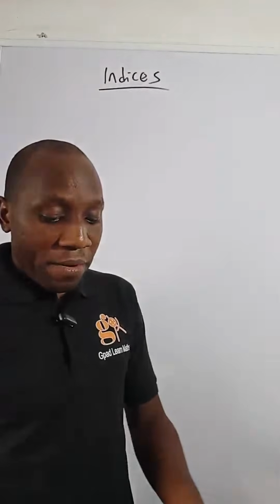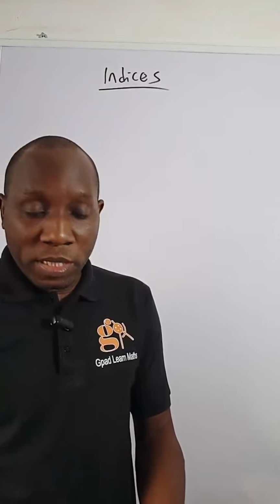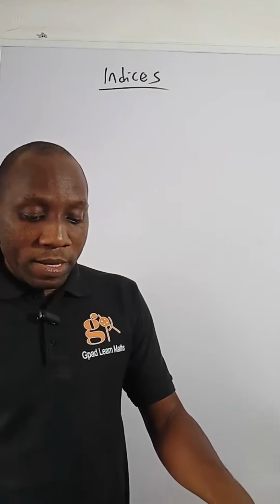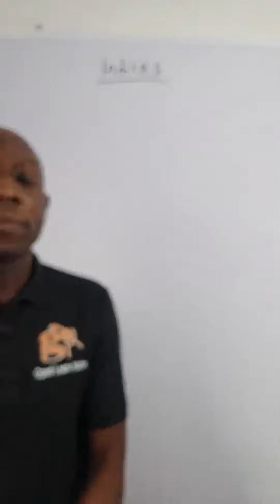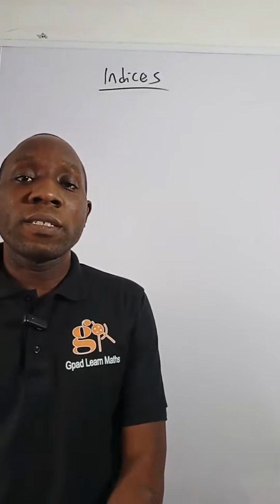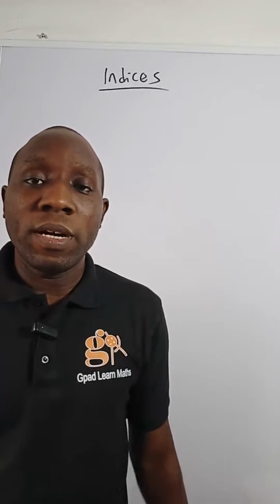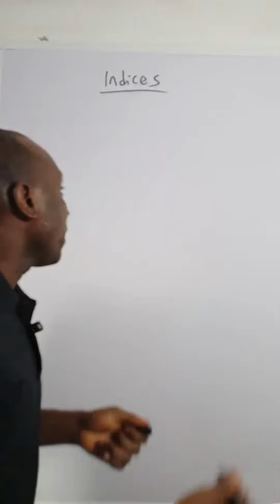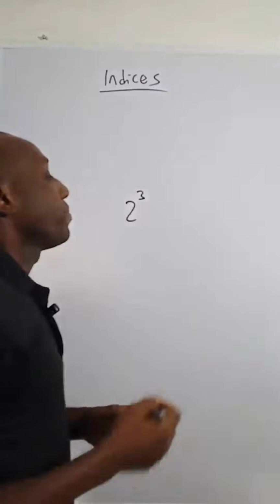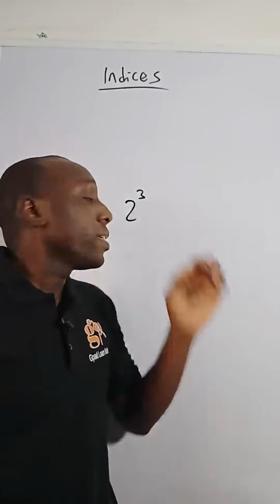We have some very interesting questions and concepts that we'll be covering under this topic, indices. So when we say indices, we are talking about exponents. For example, if you have 2 raised to the power of 3, the index here is 3.